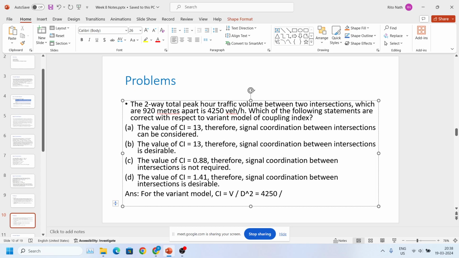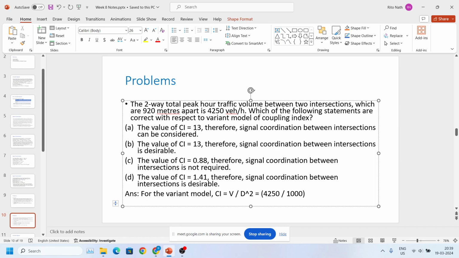So this total traffic volume in the peak hour you have to divide by 1000 anyway, and then this D you have to convert into miles, and after that only you can find the value. So you have to be wary of the units that are mentioned. This part is divided by 1000, which corresponds to the meter.